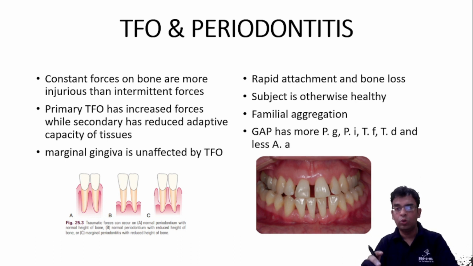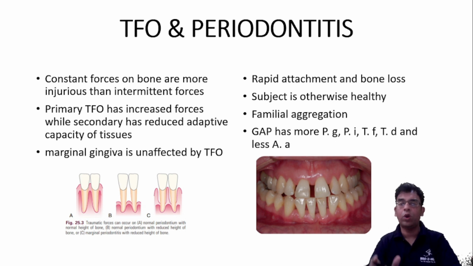Okay, they do not appear very important, but subject is healthy and familial aggregation, they are your primary characteristics. Rapid attachment and bone loss is a primary characteristic, and that leads to secondary characteristics like distolabial migration. Okay, diastema, spacing, pathological migration, they come under secondary characteristics.